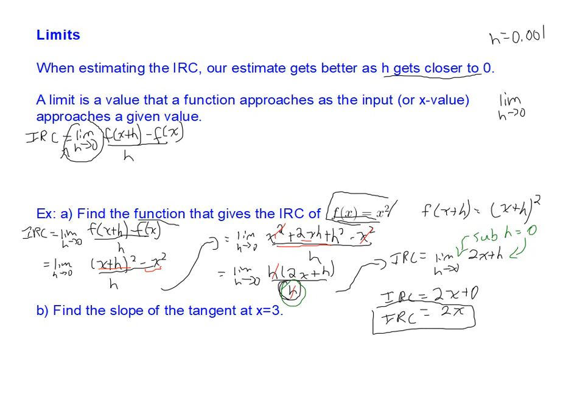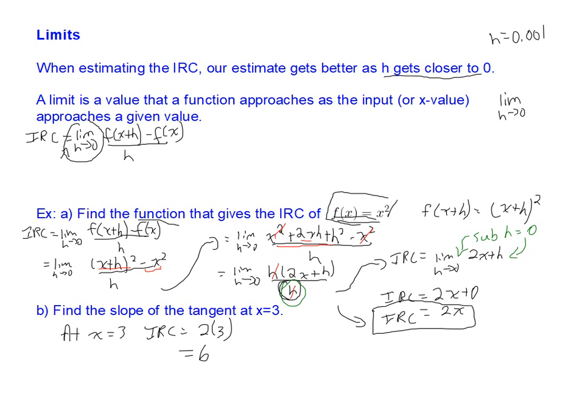which means that when we get to part B of this question, we're trying to find the slope of the tangent at x equals 3. This function gives us all of the slopes of the tangents. At x equals 3, that function, the instantaneous rate of change, is equal to 2 times 3, which is the same as 6.